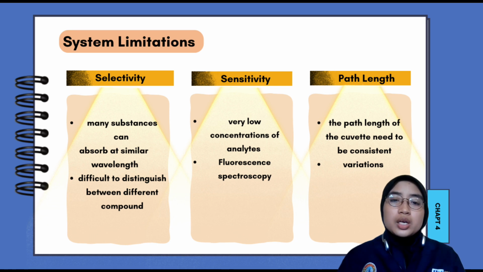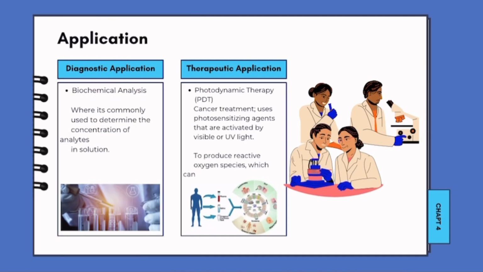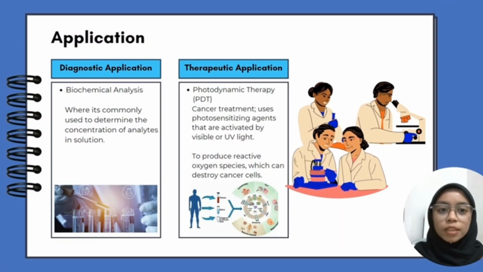And the last one is the path length, which needs to be consistent for the cuvette. Variations in length can affect the absorbance of light. So that's all. The next one is the applications of spectroscopy.